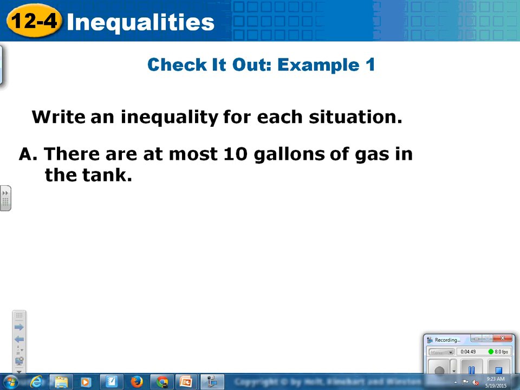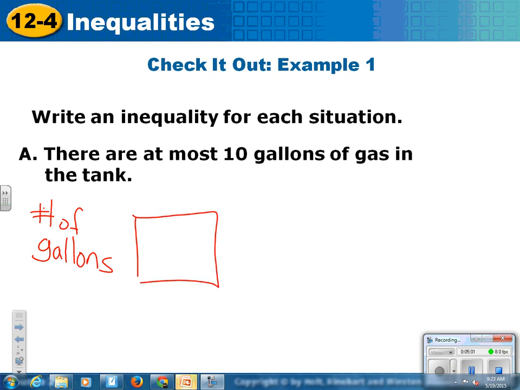Remember that you need to set it up by saying your words first, number of gallons. Then we have to have our symbol and then our number. Number of gallons is less than or equal to 10.